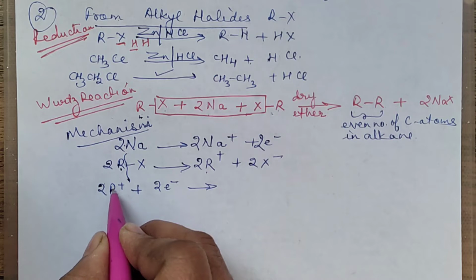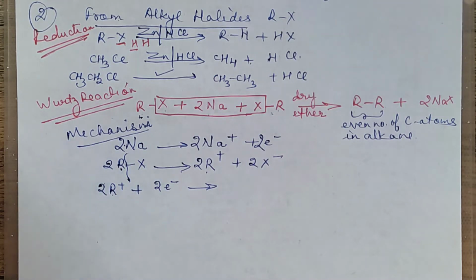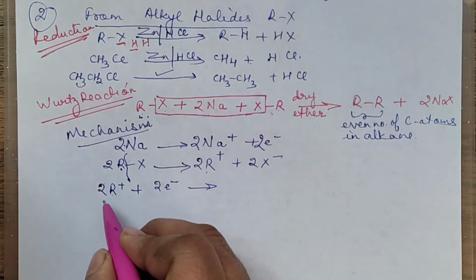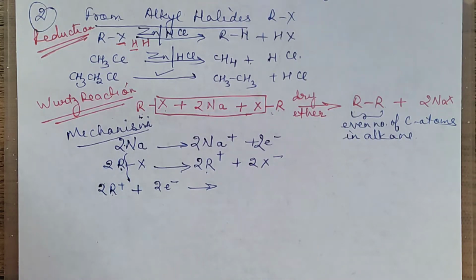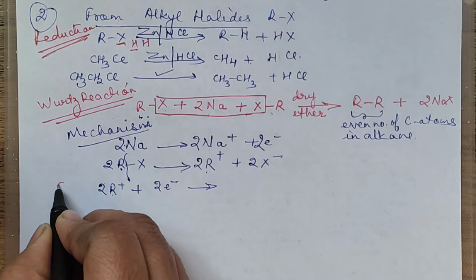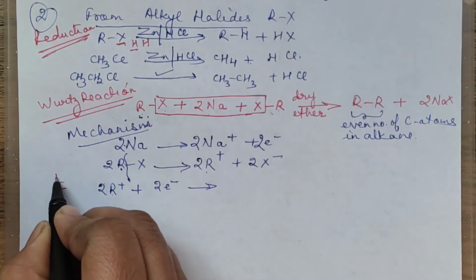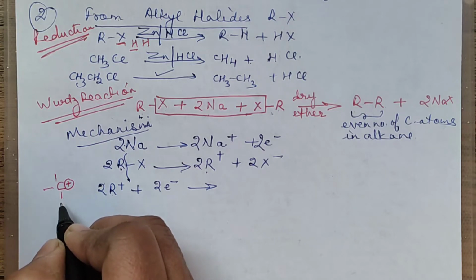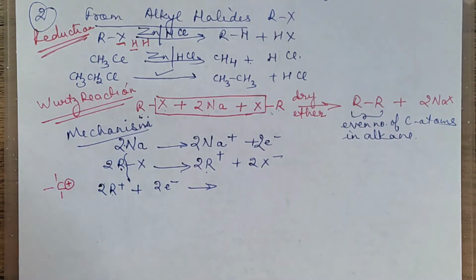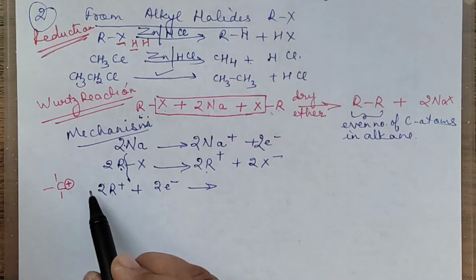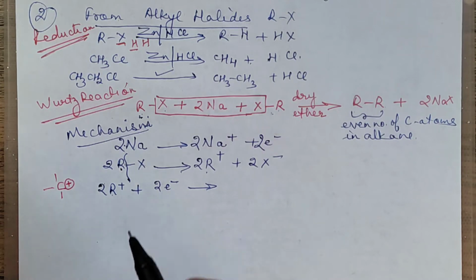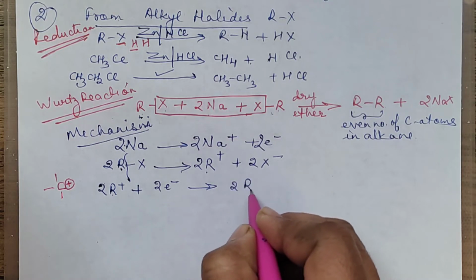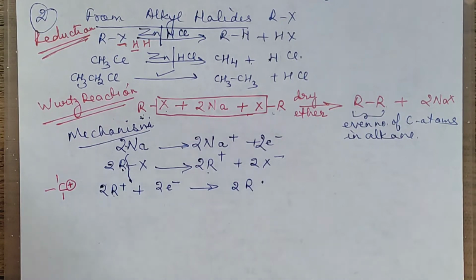This is actually a carbon atom. I am writing R, meaning it is some alkyl radical, a carbon containing positive charge. If you understand the structure part of it, this is carbon having a positive charge, meaning it has 6 electrons with it. To 2 R's we are adding 2 electrons, so the product it is going to form is 2 R with 1 dot only.